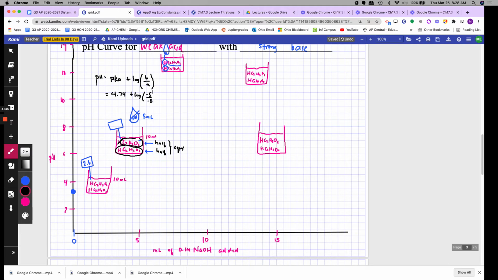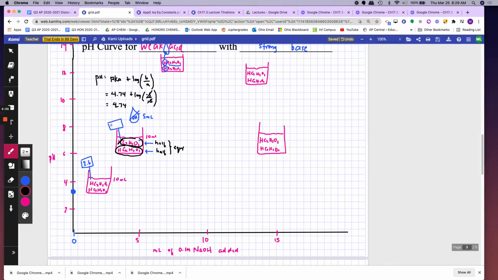Whatever it is, it's equal. So it'll just cancel each other out. So log of 1 equals to 0. So this whole term is 0. So your pH is 4.74. So when you've added half, if you titrated half of your acid, your pH is 4.74. So it's right here.